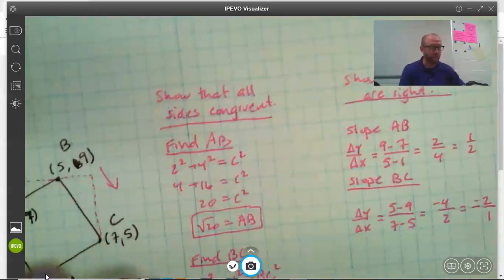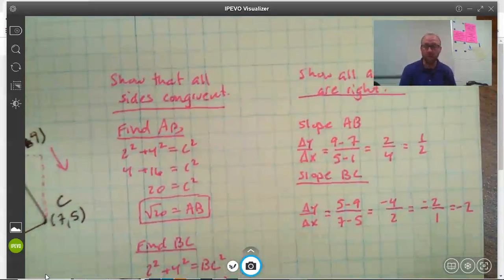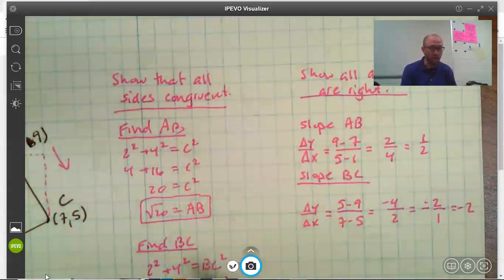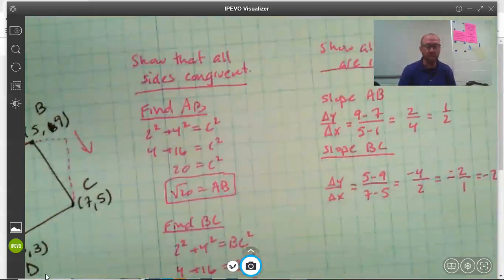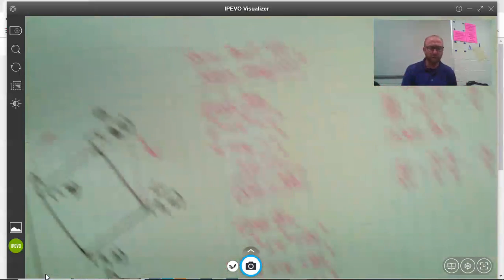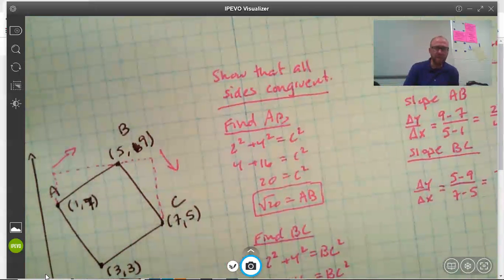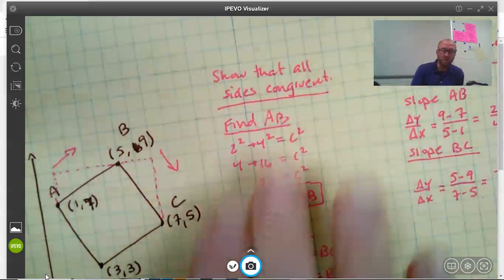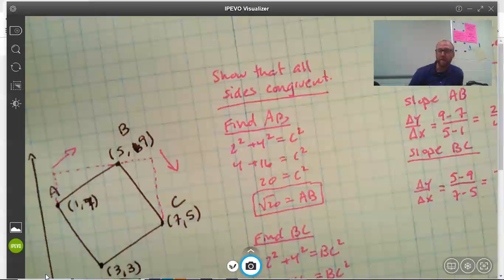That would be enough to prove that the 4 angles are right angles, and that all 4 sides are the same length. And that would show that this is a square. And again, we're doing this all with calculations. I suppose if we needed to, we could always use the distance formula instead of the Pythagorean theorem if we didn't have the graph in front of us.